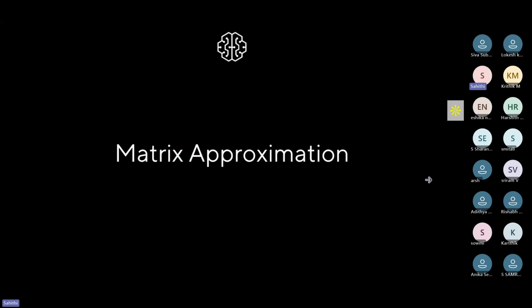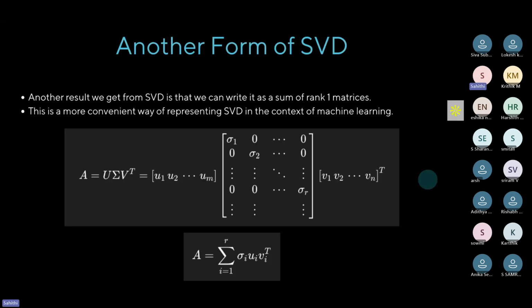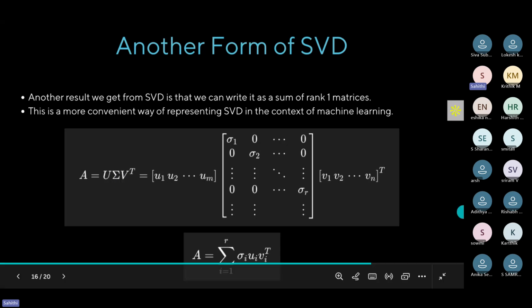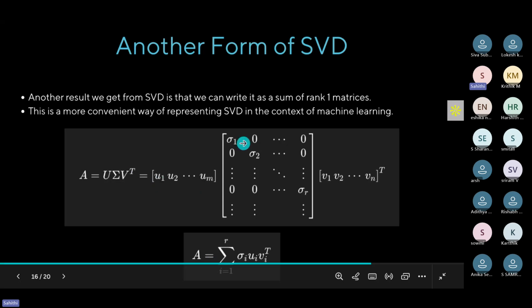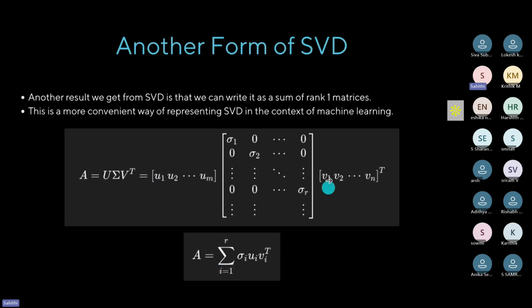So let's talk about how we can use this for matrix approximation. Another form of SVD is, since we can write A is equal to U sigma V transpose, if you look at it in this format, where each of these are individual vectors, we can see that A can be written as a sum of U_i sigma_i V_i transpose.